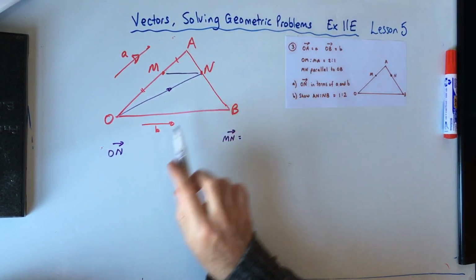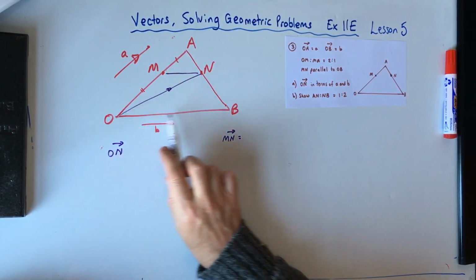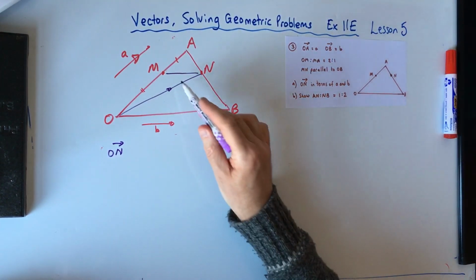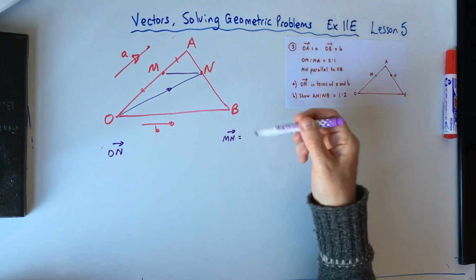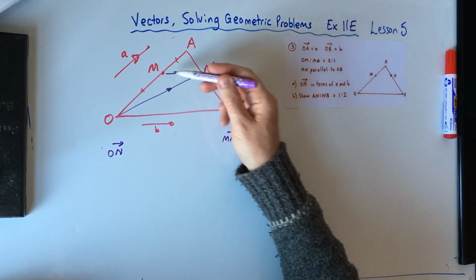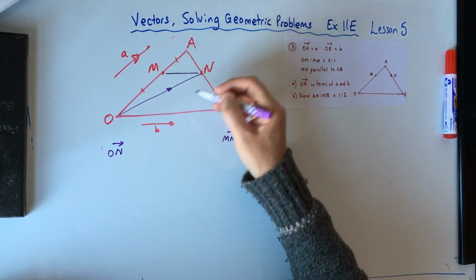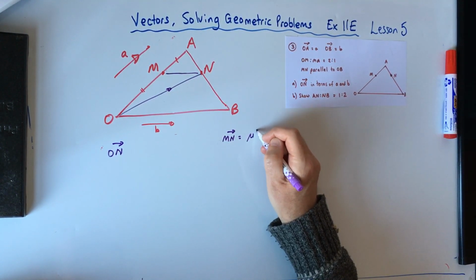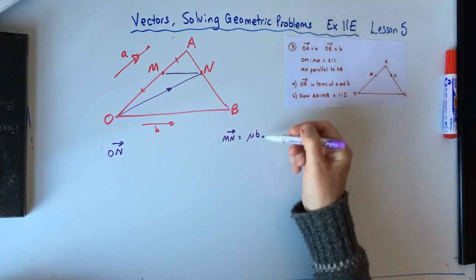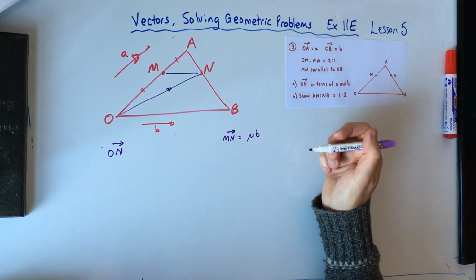Now first of all I'm going to work out MN. It says it's parallel to B, so I'm going to say that it's some fraction of B, isn't it? It's some multiple of B if you like. So I'm going to call it mu B. I don't know what mu is. Might be a half, might be a quarter, might be a third.